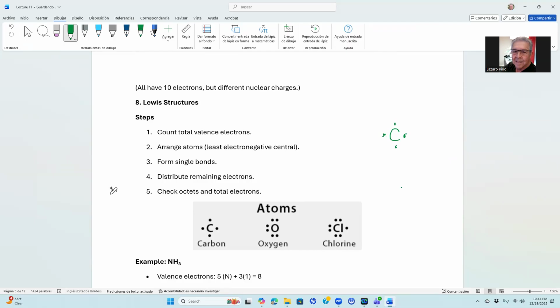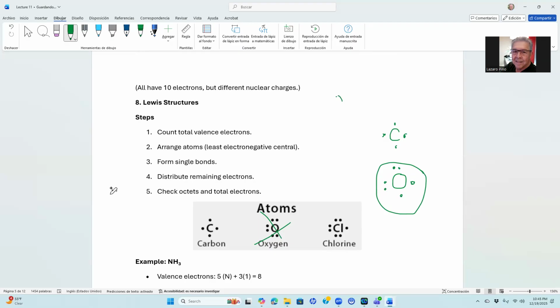In the case of oxygen, this is incorrect. Let's see how oxygen is. Oxygen has 6 electrons. Then you begin 1, 2, 3, 4, and now you begin pairing 5 and 6. This is the Lewis representation for the oxygen atom.